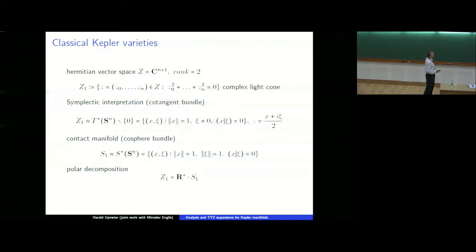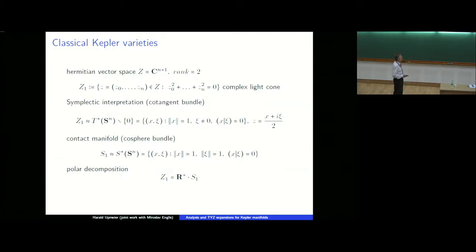So let us first look at a classical Kepler variety, which is sometimes used in geometric quantization in a simple setting. Namely, we take capital Z, this is usually my symbol for a complex Hermitian vector space, C^(n+1), and look at the quadric Z sub 1.